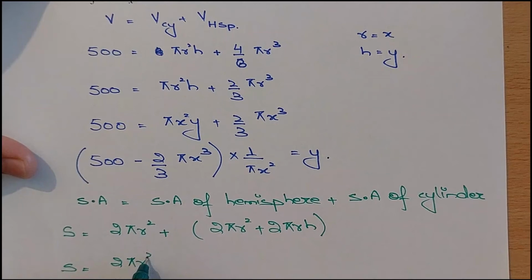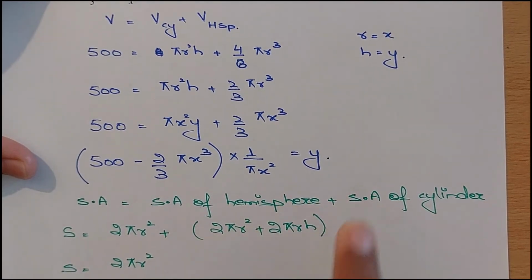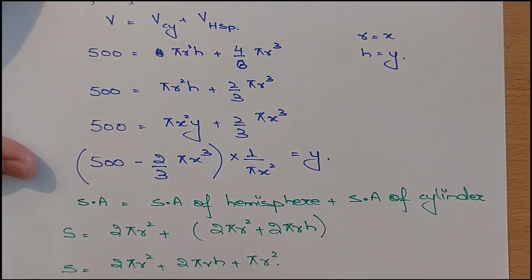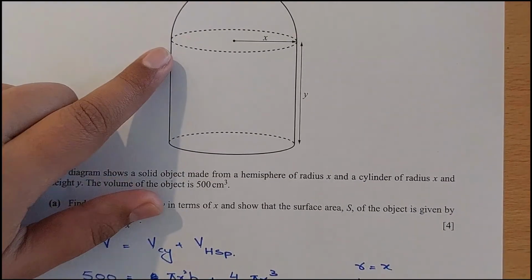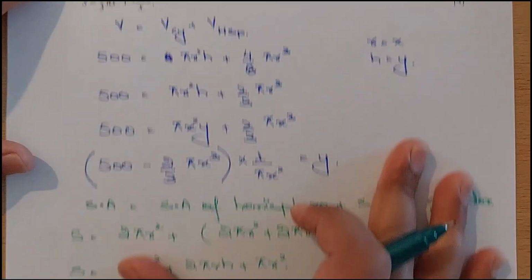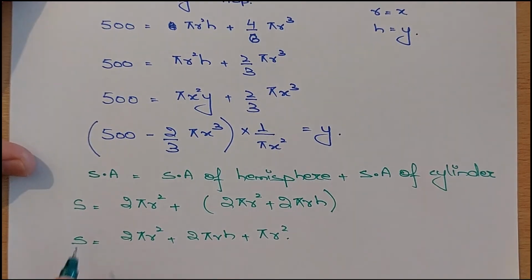So 2 pi r squared is the surface area of the hemisphere. Now for the cylinder, we are using 2 pi r h plus pi r squared, because the upper circular portion of the cylinder is covered by the hemisphere. Now S is equal to 3 pi r squared plus 2 pi r h.